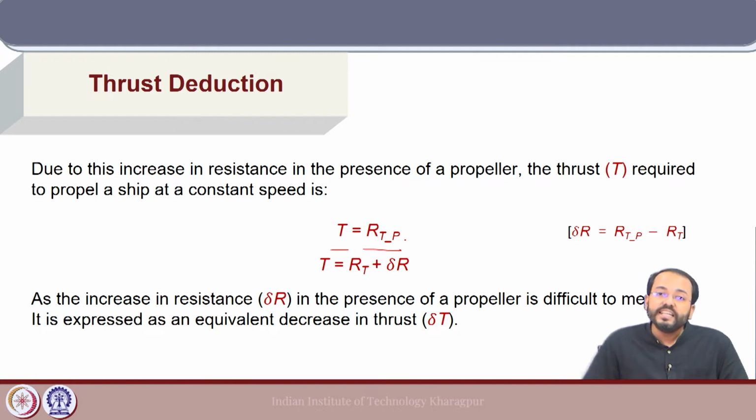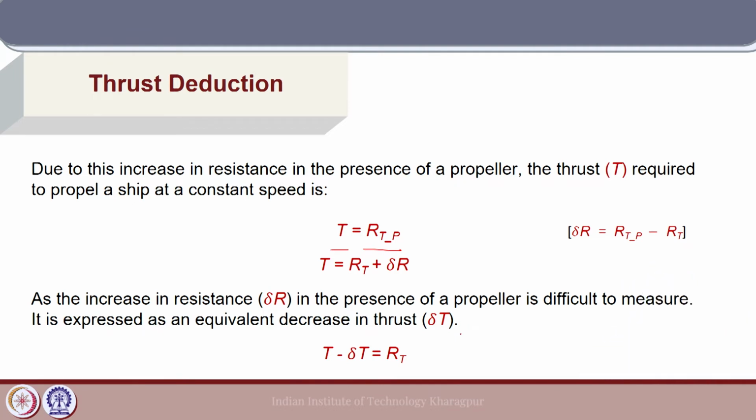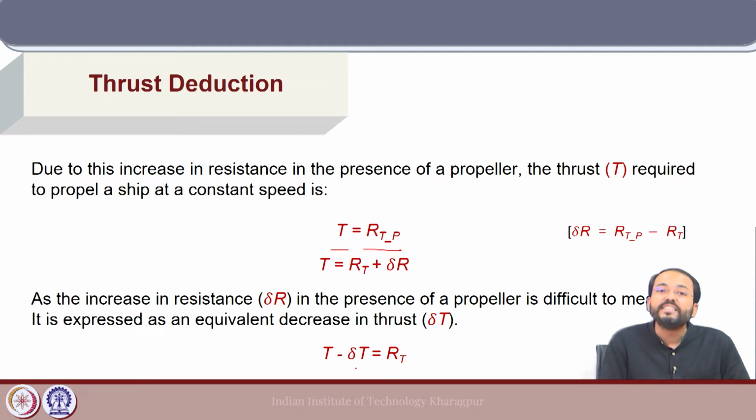So, if T is the thrust which is required to balance the resistance of the ship in the self propelled condition, then the thrust that is required to balance RT, which is the total resistance of the ship that we measure from the resistance test, should be lower than T by the amount delta T, where delta T is taken to be the same as delta R, which is the increase of resistance.